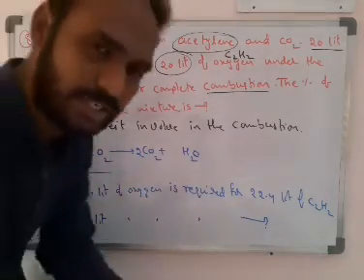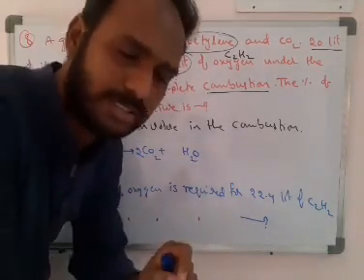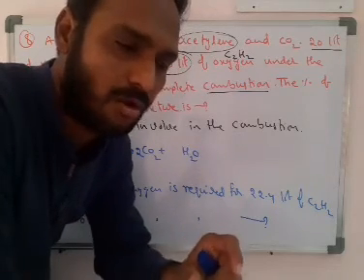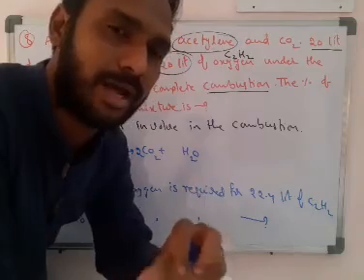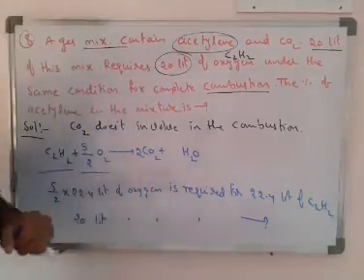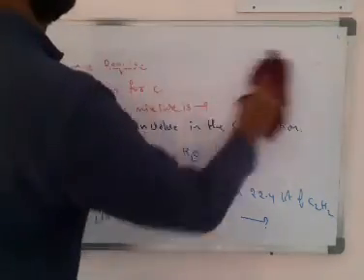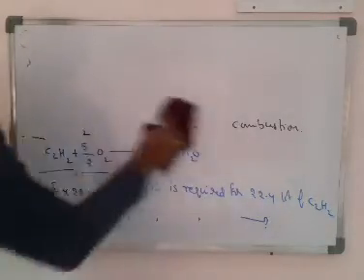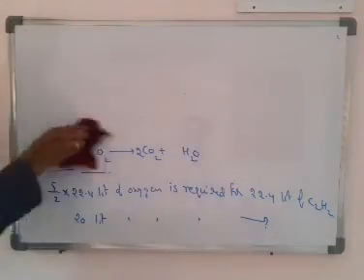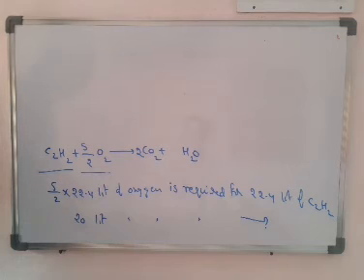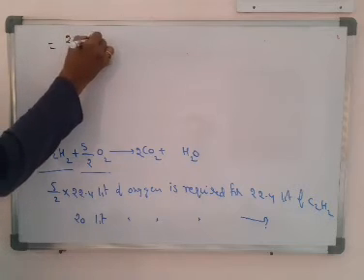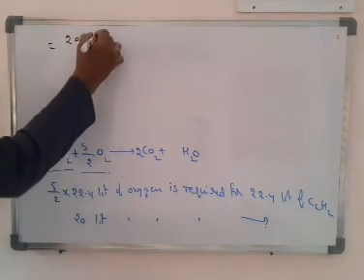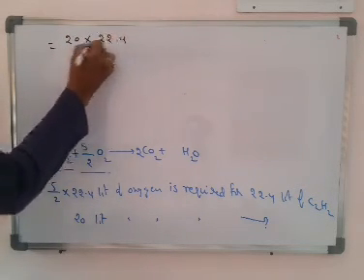Here the information given to us is about oxygen. We just need to have the idea that whatever oxygen is used is used only by acetylene, because CO2 does not involve in any further oxidation. So 20 liters of oxygen reacts with how much acetylene?